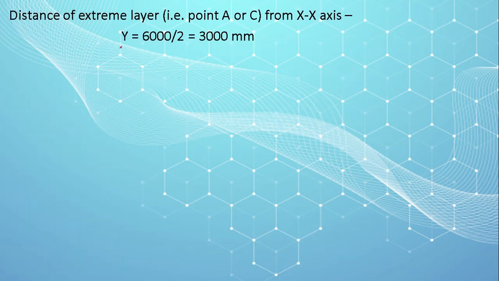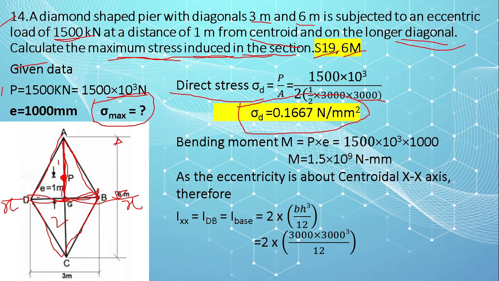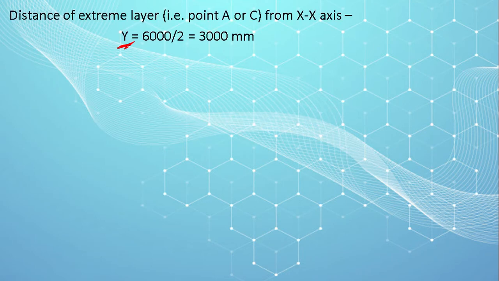Now this y means the distance of the extreme fiber from the axis. So the extreme fibers are at A or C. So the distance of A from this axis is equal to 3000 mm, or half of this 6000 mm. 6000 by 2 is equal to y is equal to 3000 mm.